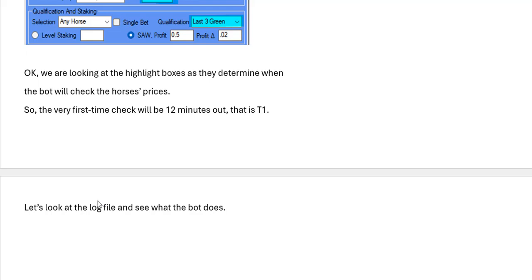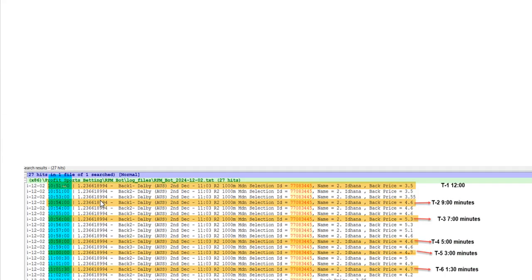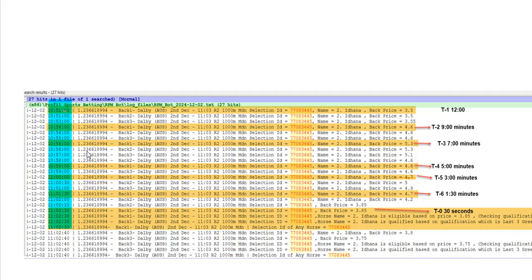So let's look at the log file. This reflects everything the bot does, and we're looking at back one for you now. Here is the log file for back one. We can see it's got back two and back three, but the orange highlighted ones are back one.